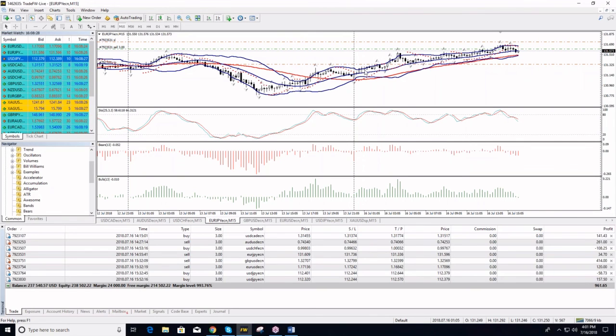But the probabilities are much greater for the trend to continue rather than to reverse. So, good call for a long position on Euro yen. However, if you see a close below 131.50, you need to reconsider your long position.